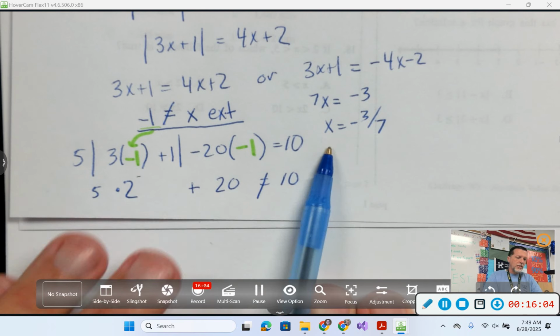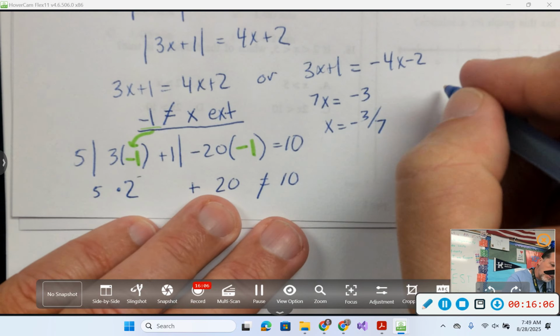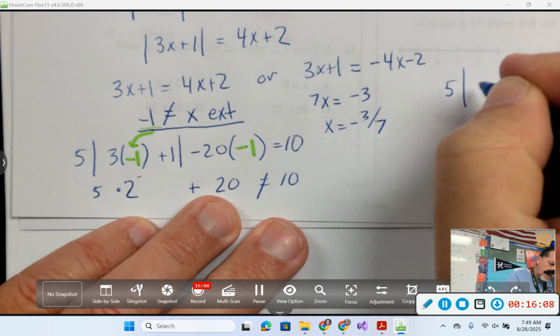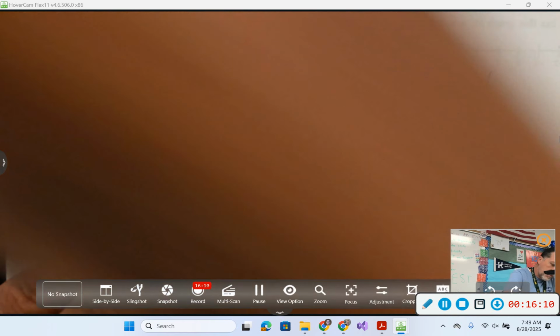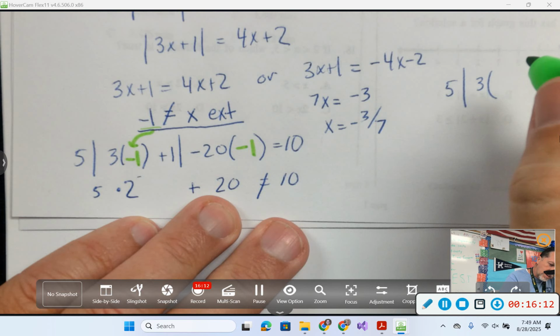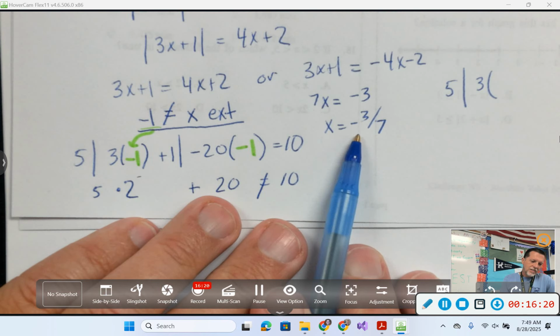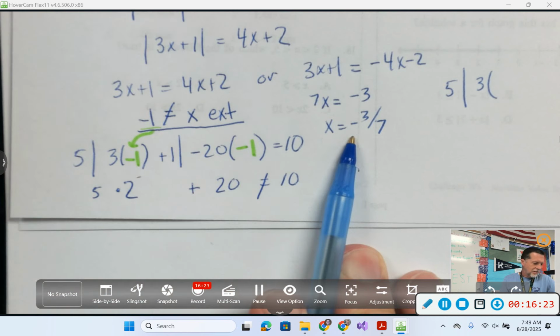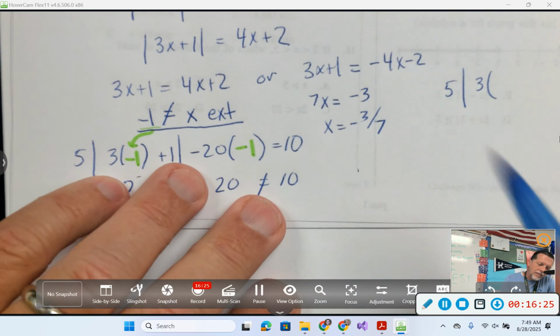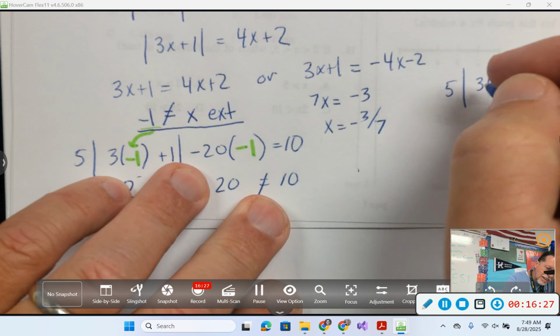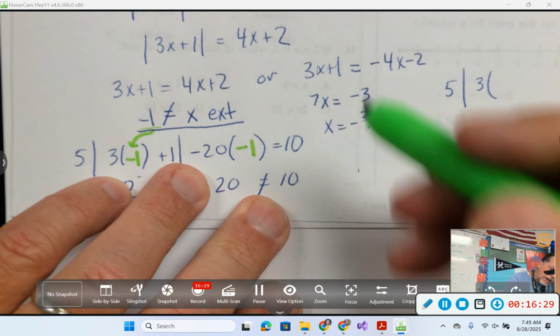Negative 3/7 looks fishy, but let's see what happens. 5, 3 times... Wait. Nobody fixed my mistake when I made it earlier. Wait, that's not wrong. Did I do that right? Yeah, I did that right. Oh, backwards something there.